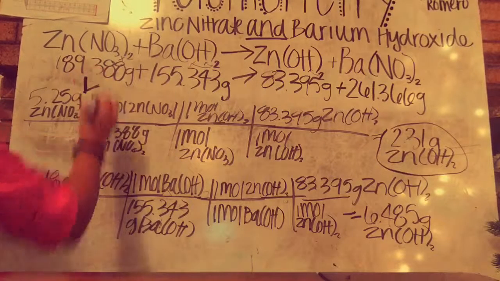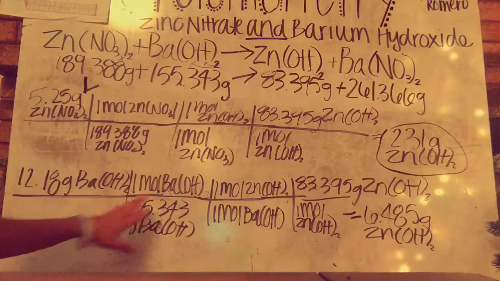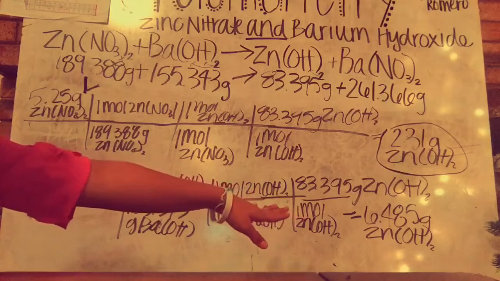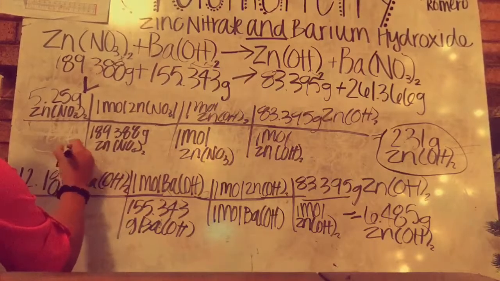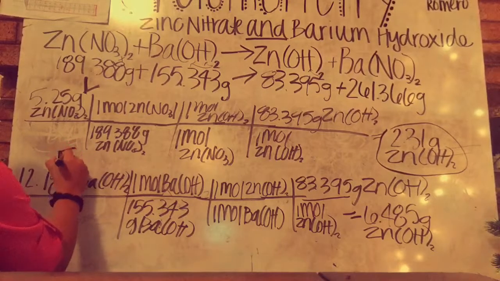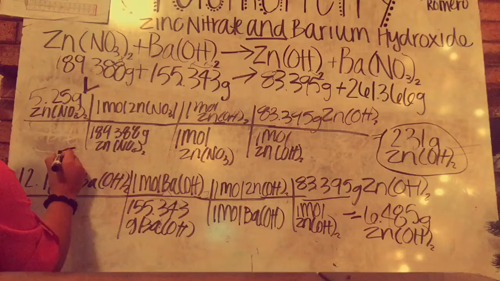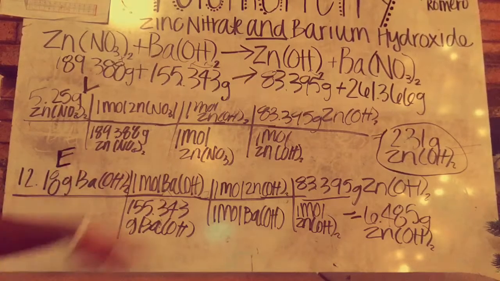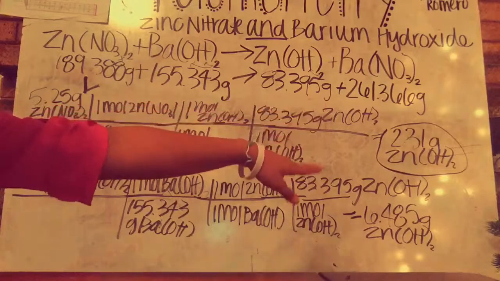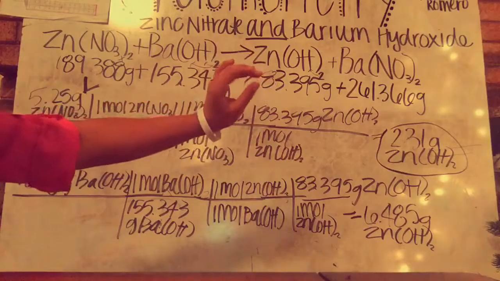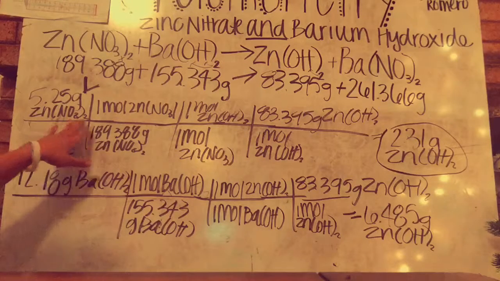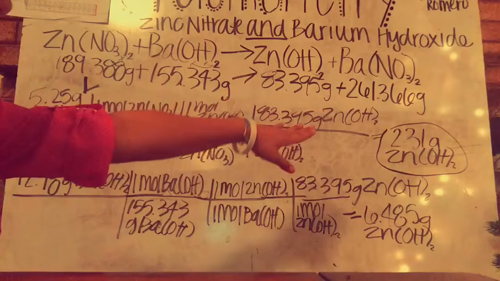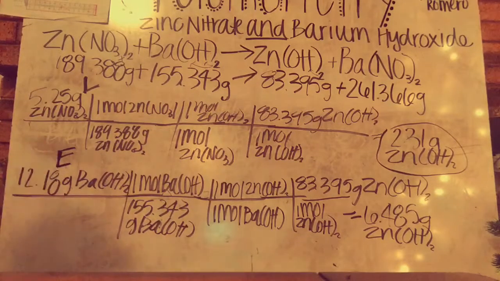And over here, since barium hydroxide ended up with a bigger amount of grams of zinc hydroxide, this is going to be our excess reactant. So it really depends on the ending product that you get. And what is the less one? The lesser one is going to be your limiting reactant. And the one that has the greater amount of that is going to be your excess reactant once again.